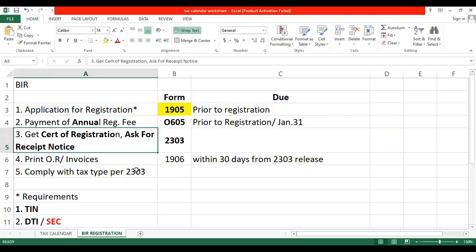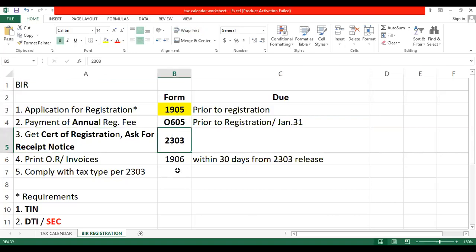Then they would issue you the certificate of registration, BIR form 2303. You would find there the tax types or the tax that you have to pay. So I have here an example of BIR form 2303. And the BIR requires all businesses to display this in their business establishments.